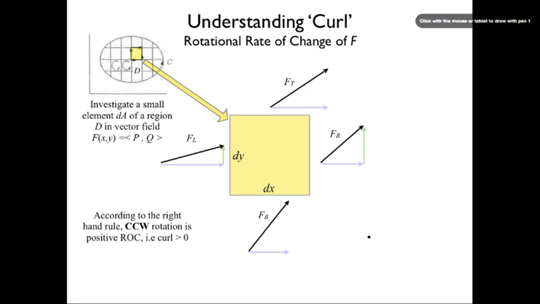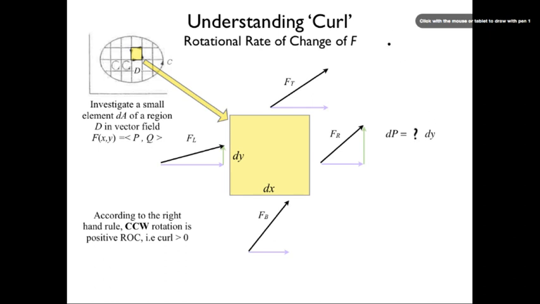So what we're really looking at for rate of change is how much P changes for a change in what? From here to here, what changes? Y, right? So we're interested in how much P changes for a change in Y. Given a little change in Y, how much does P change?